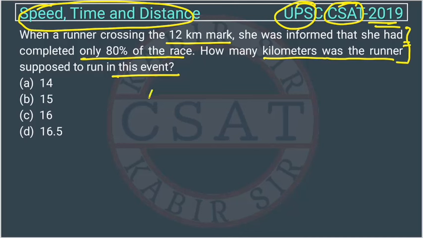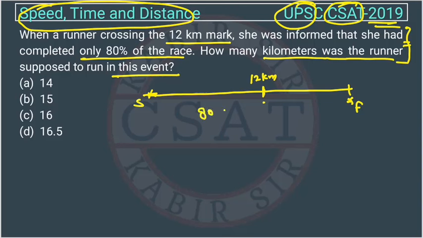So suppose the race starts from here, this starting point, and goes till here. This is the final point, and this is the 12 km mark, right? When she reached here, she was informed that she had covered 80% of the race. So how many kilometers was the runner supposed to run?